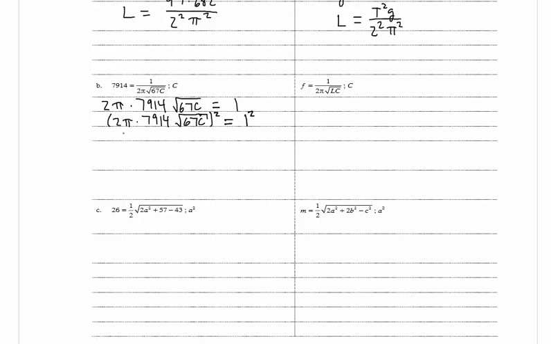And when we square the left side of the equal sign, we have 2 squared times pi squared times 7,914 squared. And the square root of 67c squared is 67c, which is equal to 1 squared.